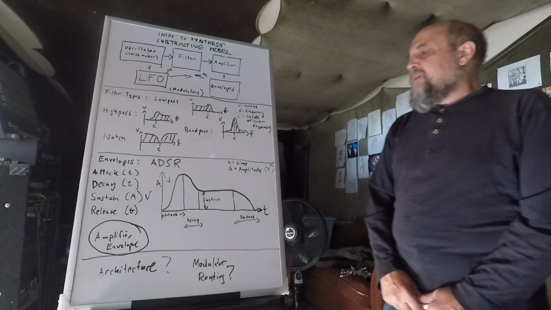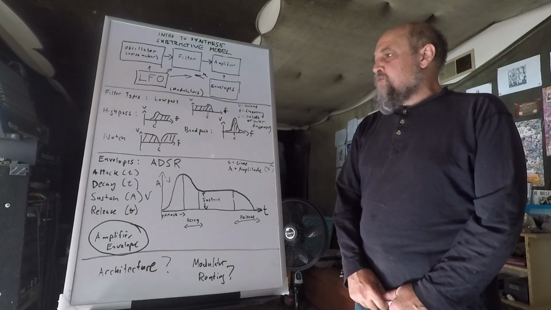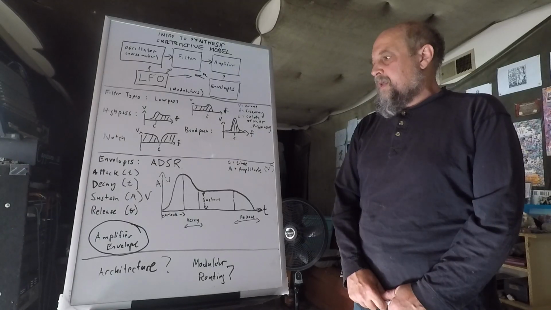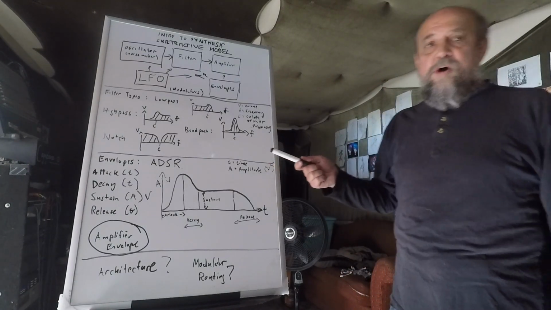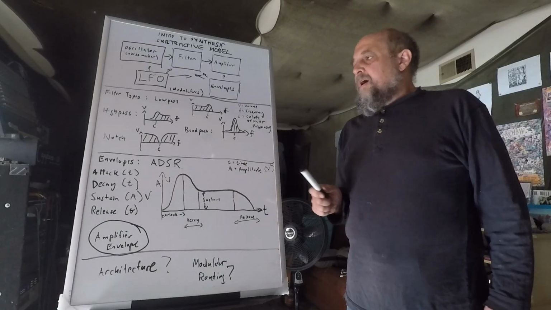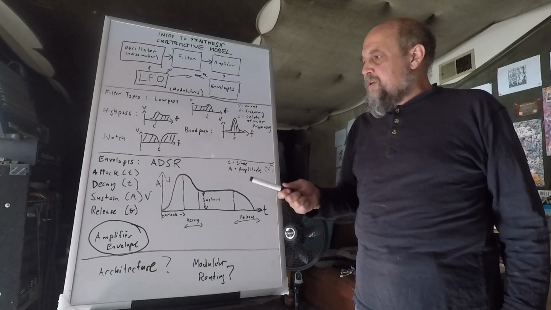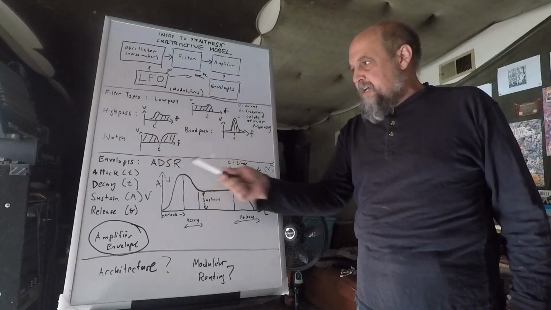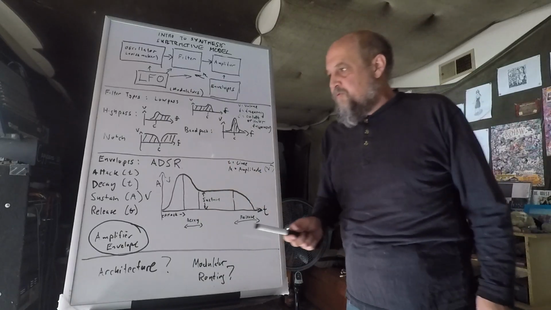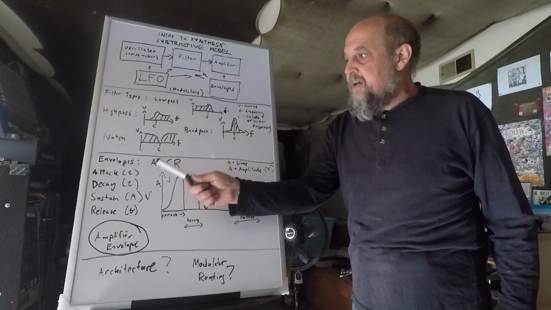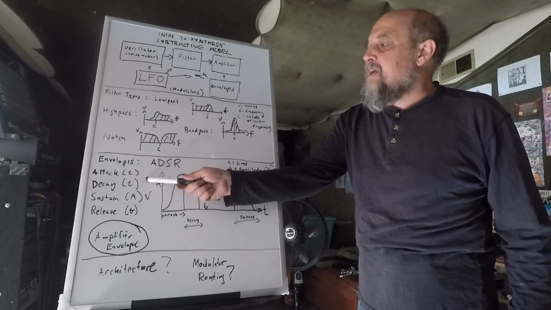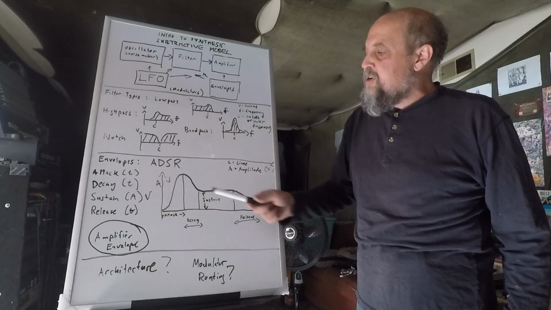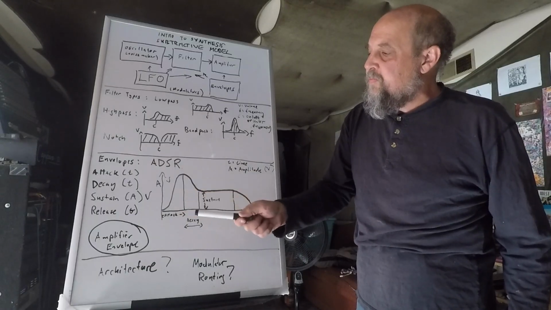Some other nomenclature I'd like to talk about before we get into analog is the terms that we use to describe envelopes. We use ADSR curves. ADSR stands for attack, decay, sustain, and release. Attack and decay are measured in units of time, and so is release.